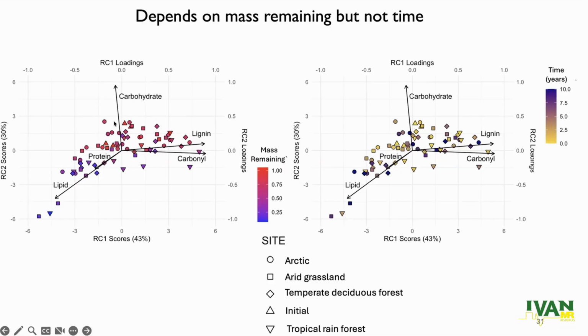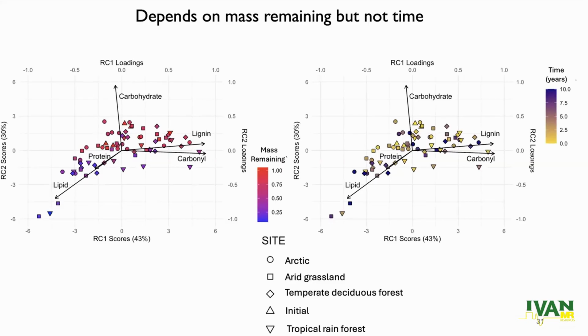moving from not very decomposed, so this is 100% mass remaining, down to very little mass remaining when you're in the protein and lipid area. This is the same PCA, but now it's colored by time in years, and you can see the times are just everywhere.